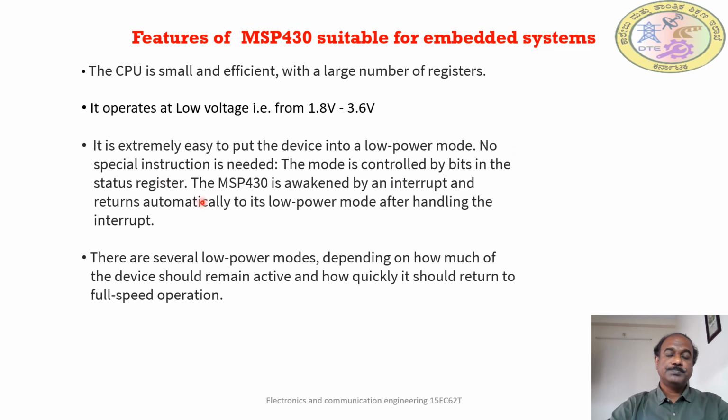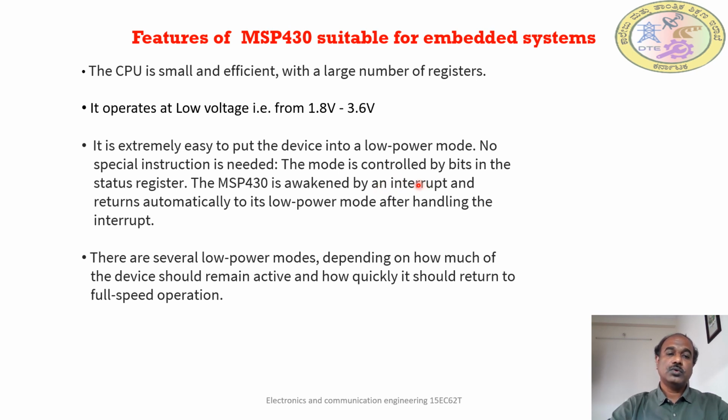And the next feature is that MSP430 has different low power saving modes. There are many different power saving modes available, and it is very easy to place this MSP430 in any of the required power saving modes, and there is no need to write any extra instruction for putting this MSP430 into a particular power saving mode.